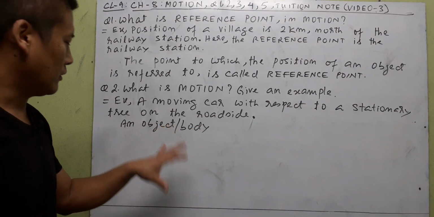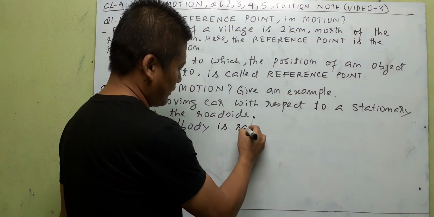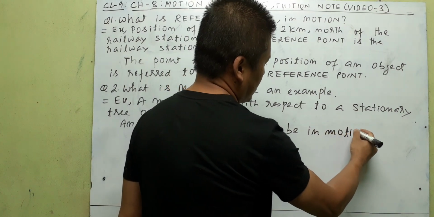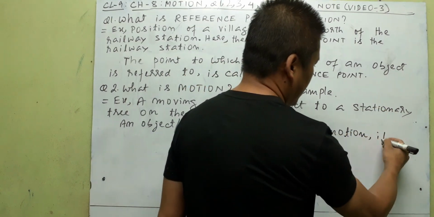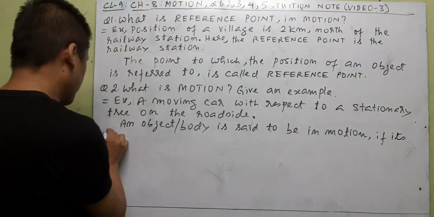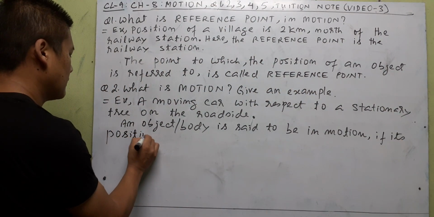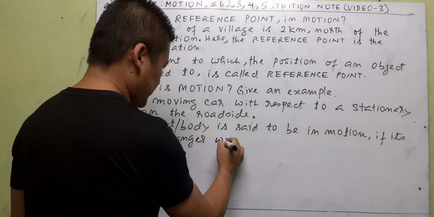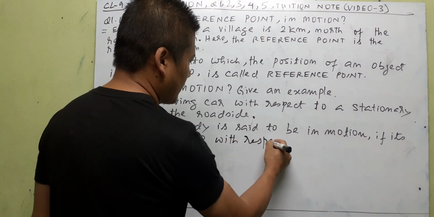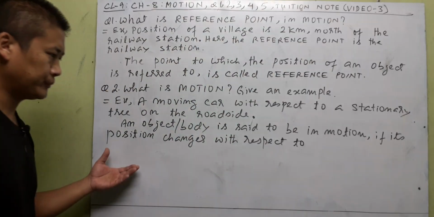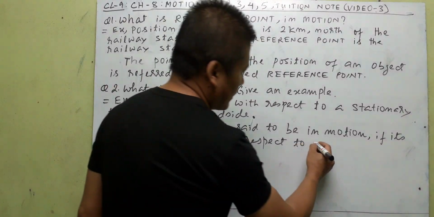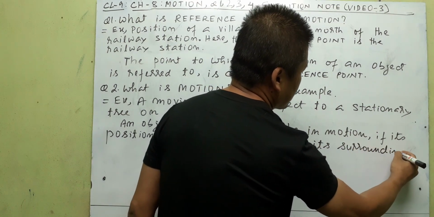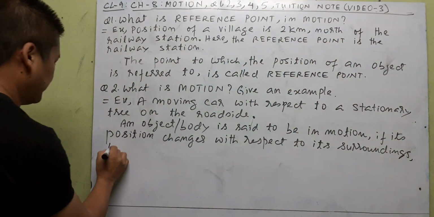An object or body is said to be in motion if its position changes, the key word here is changes, with respect to its surroundings, with time.